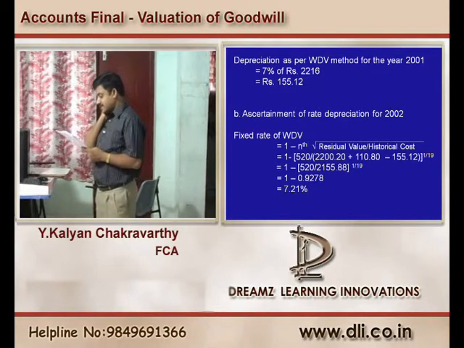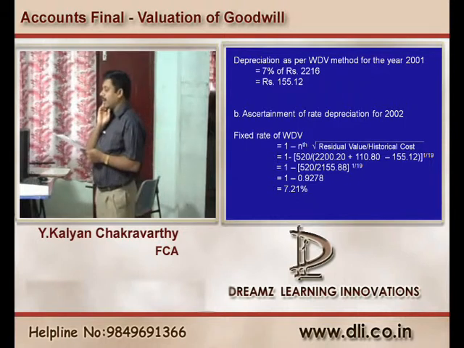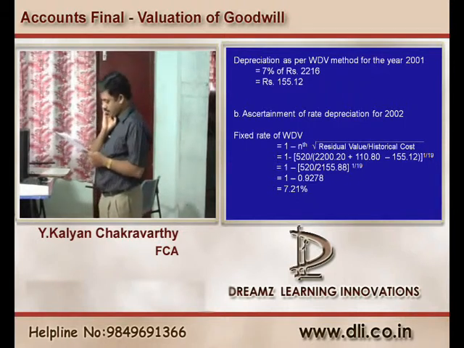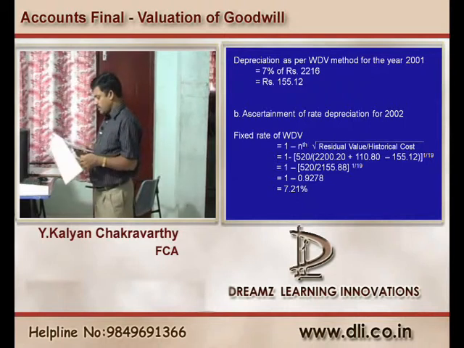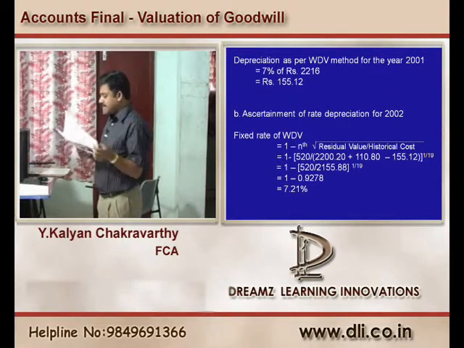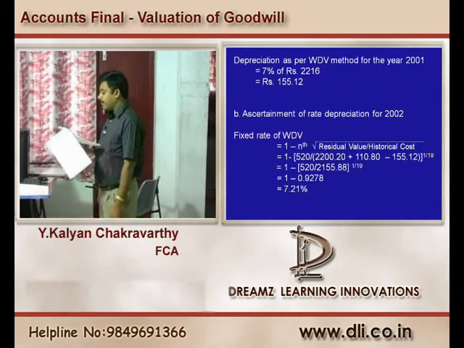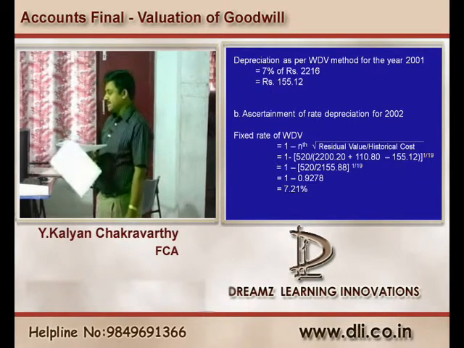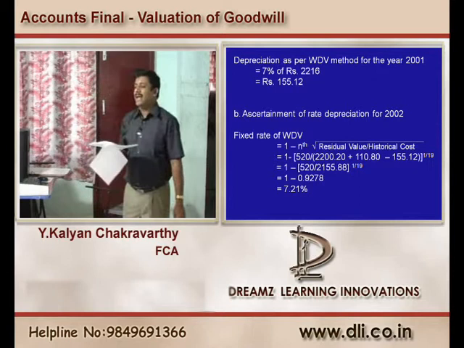How do you calculate that, friends? 1 minus brackets 520 divided by 2216 minus 155.12, because that is first year depreciation, whole power of 1 by 19.